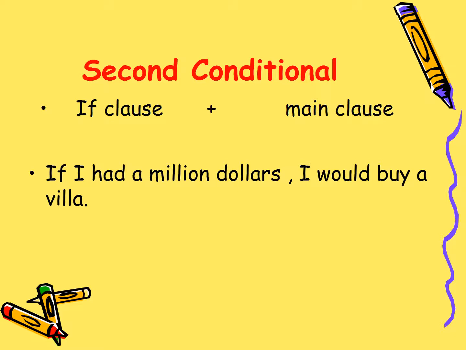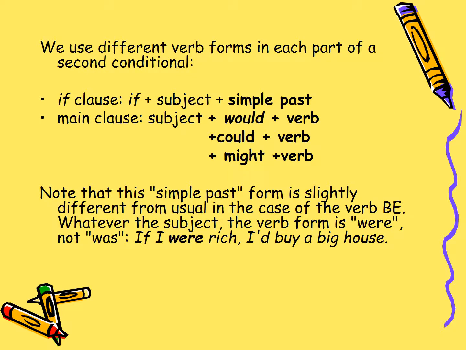We can notice that the verb in the if clause is in the past simple, had, and we used would with the infinitive verb in the main clause. We use different verb forms in each part of a second conditional.